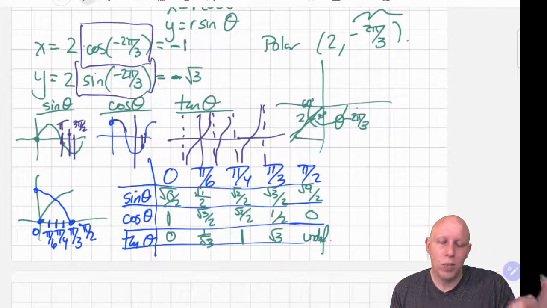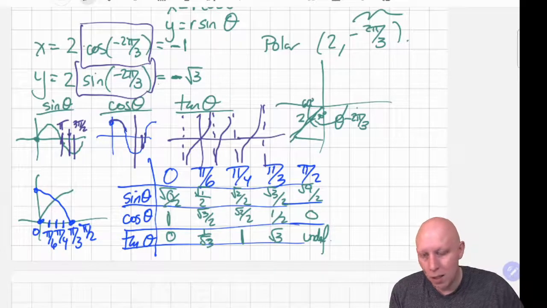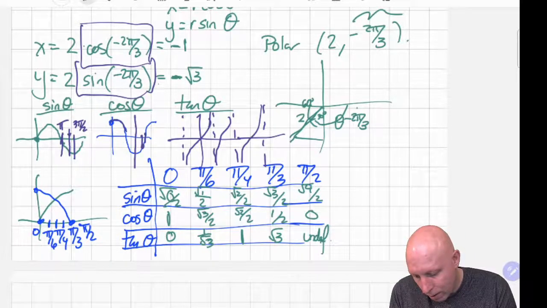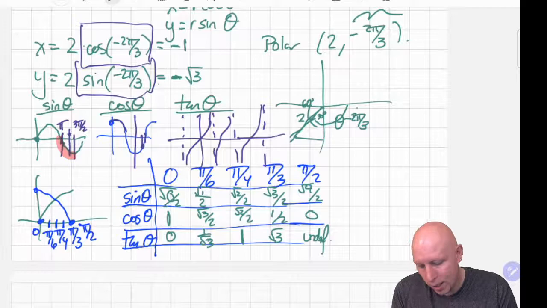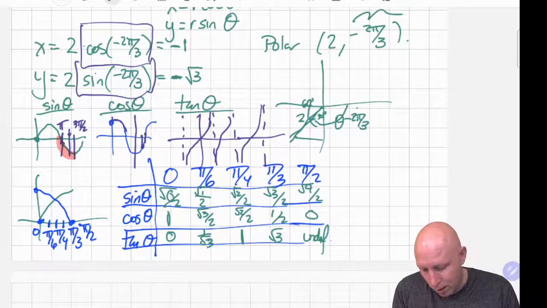And so what we do is we see where we are on these paths. As we're going from pi down to 3 pi over 2, we are at this version, so we get the negative.